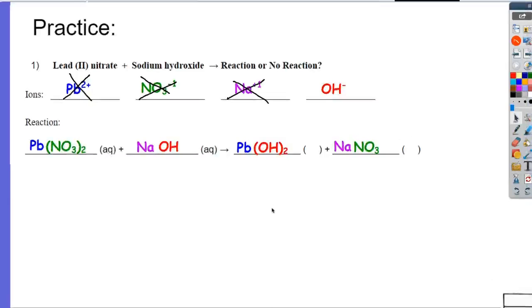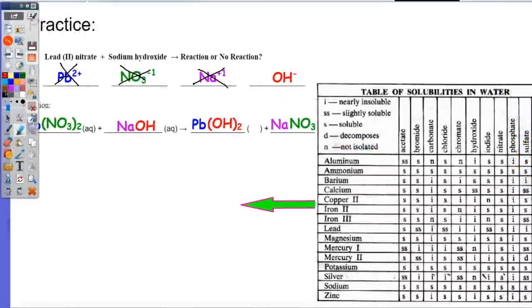Okay, now I need to look these up on my solubility chart to see if a reaction takes place or not. Now, let's look up our solubilities on our chart. So here I have lead 2. So here's my lead. So I'm going to highlight this whole row blue. And my lead is bonded to hydroxide, so let me get a red marker.